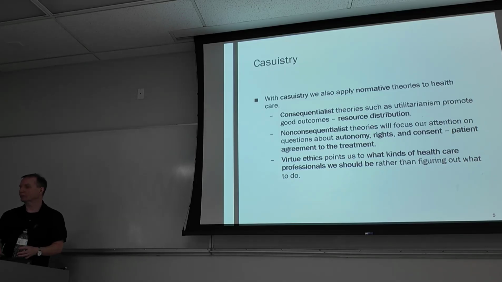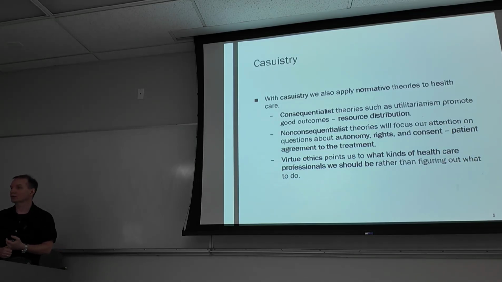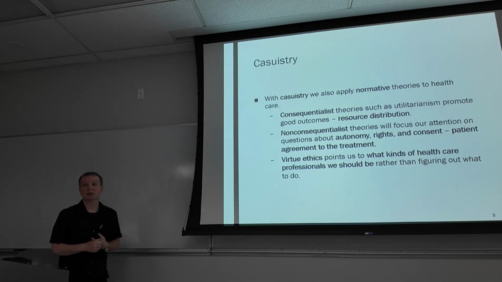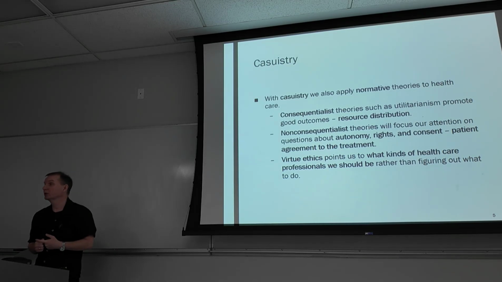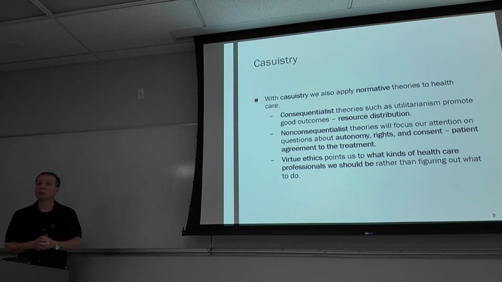We can also apply the theory in a similar way, for example, consequentialism. Remember, consequentialism looks at the consequences of your ethical decisions. So utilitarianism is a good example. In utilitarianism, remember, Mill was trying to figure out how to maximize happiness of people.